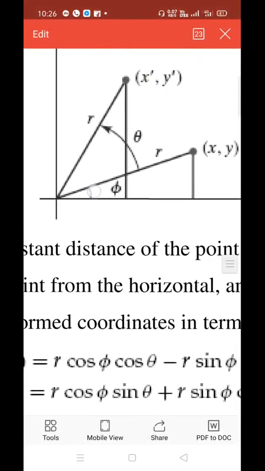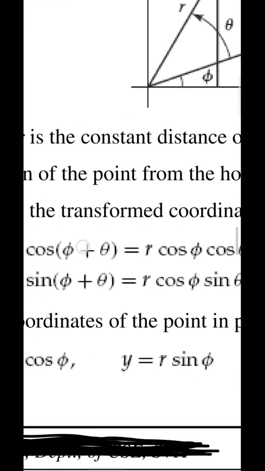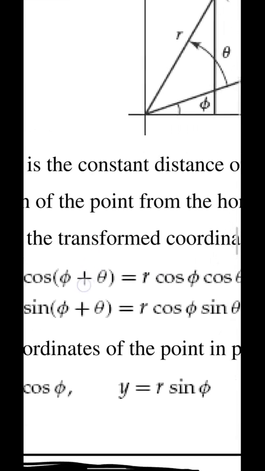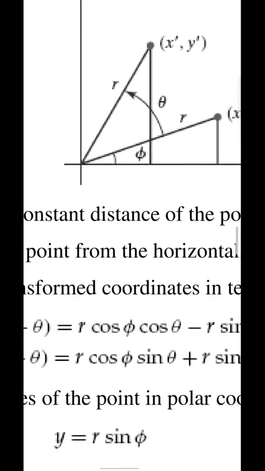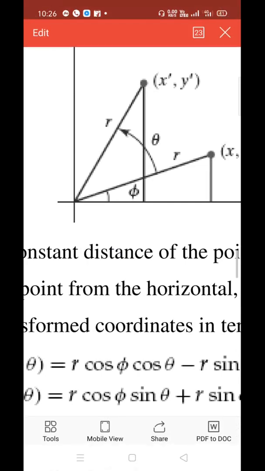Pause the video and watch it again if you have any doubt. You have added angular displacement theta for that. Here I'll show. See, this is phi initially and this is the angular displacement theta. Earlier I noted it down using a pen, so you can go through it once again if you have any doubt. So the total angular displacement for x dash, as I said earlier, what will it be? See, x dash is here with respect to the x-axis.